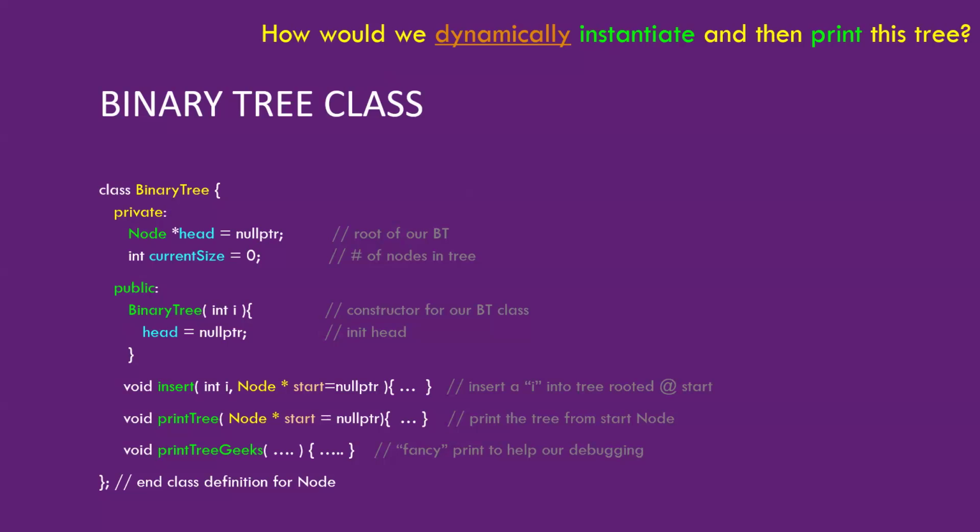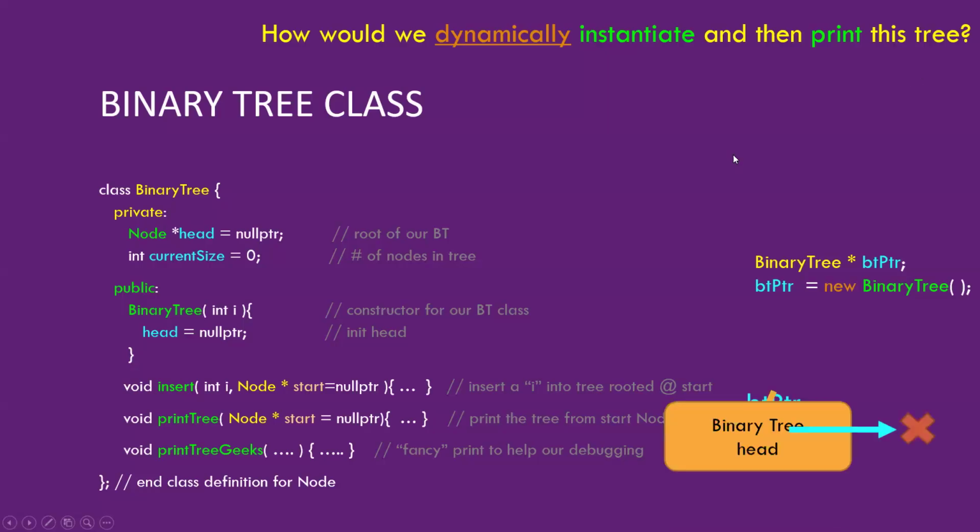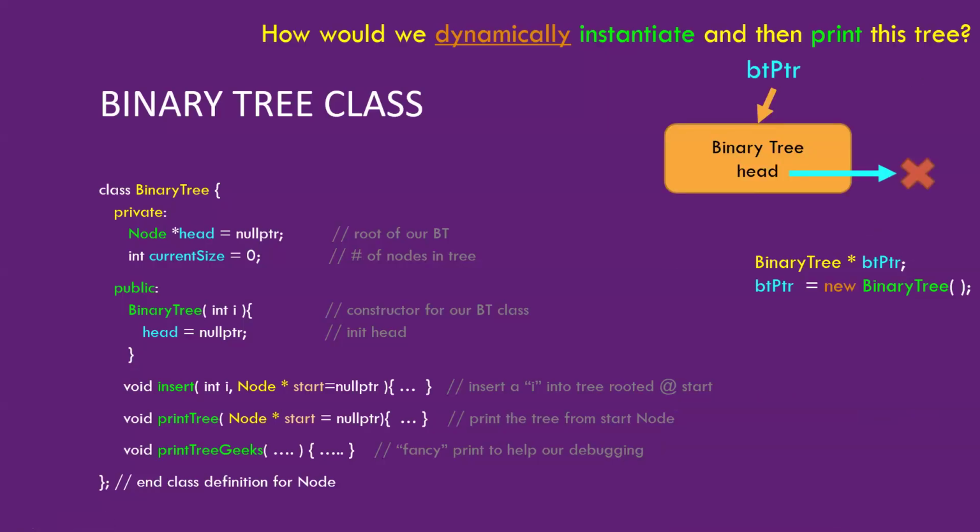We brushed off our C++ pointer stuff last time and said, when I say new, I always get a pointer, right? So I'm getting a pointer to a box of stuff. There's my BTPTR pointing to a box of stuff, and that stuff has a null pointer. That's the head pointer, and off we go. We'll be inserting into that thing to hook nodes up one by one.